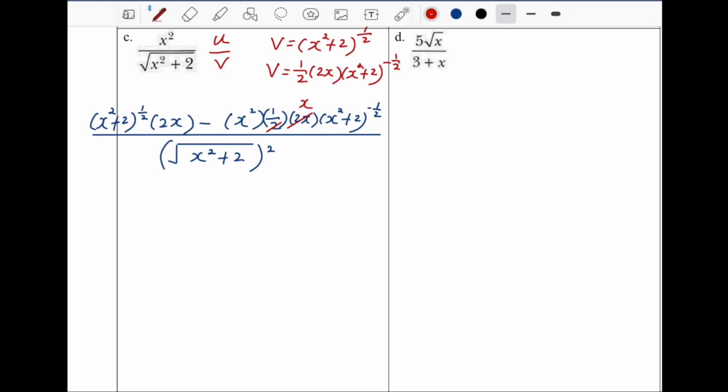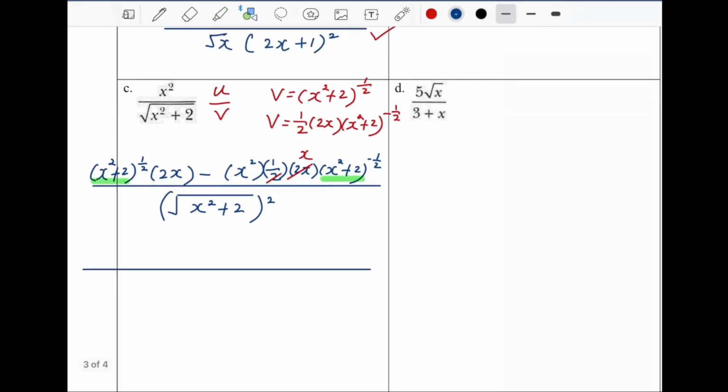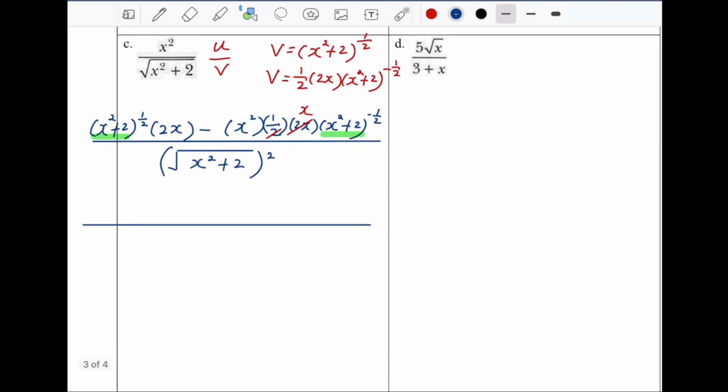Identify common factor, factorize it, smaller power, negative 1 over 2.